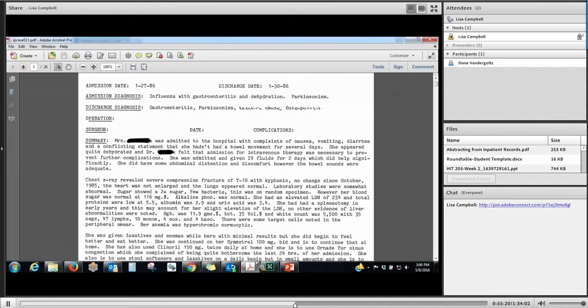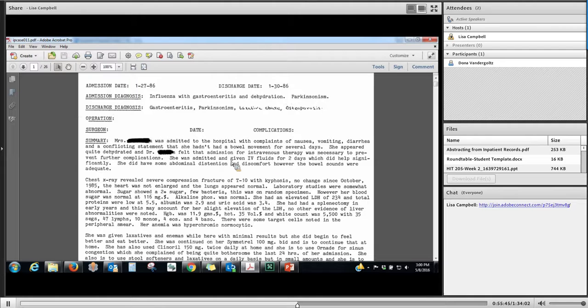Okay, so back to this case. The doctor says discharge diagnoses: gastroenteritis, Parkinson's, laxative abuse, and osteoporosis. Again, doctors don't know coding, and so while the doctor has listed diagnoses here, that's not all that you should be coding.